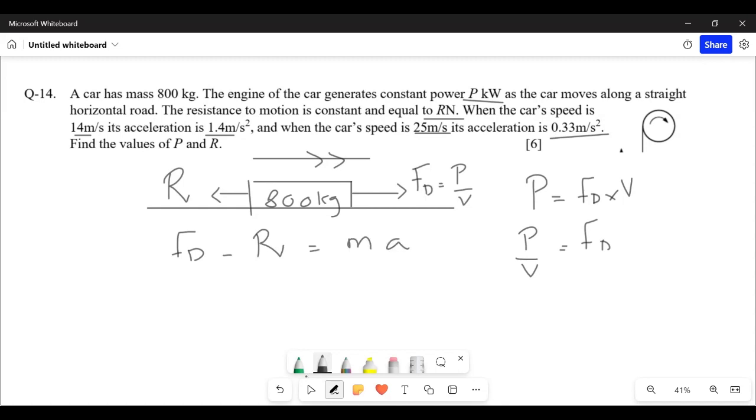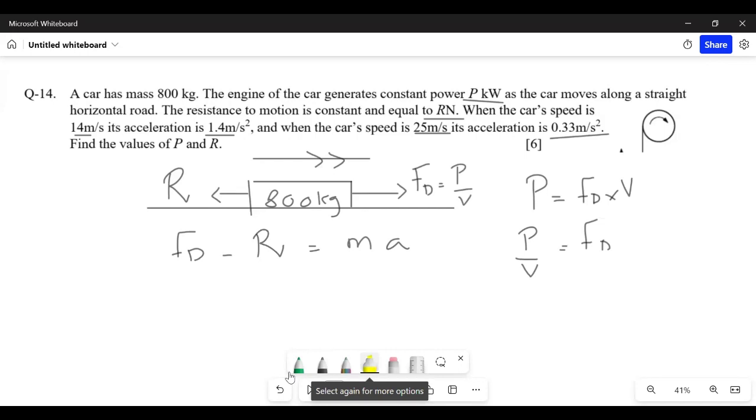Now for the first case, we don't know P, instead we have A and we have V. So instead of driving force, I'm writing P over V minus R is equals to MA.